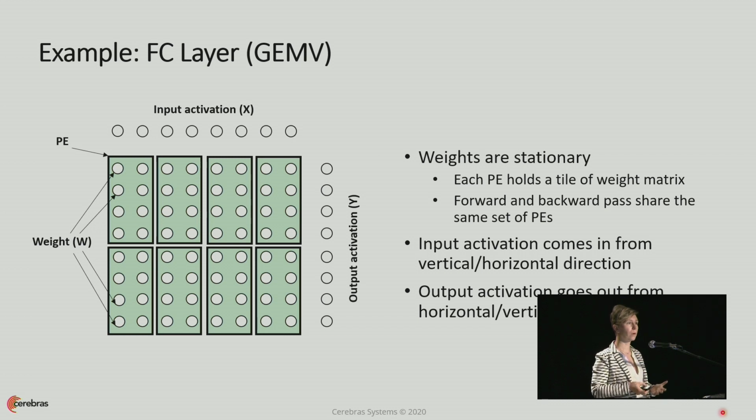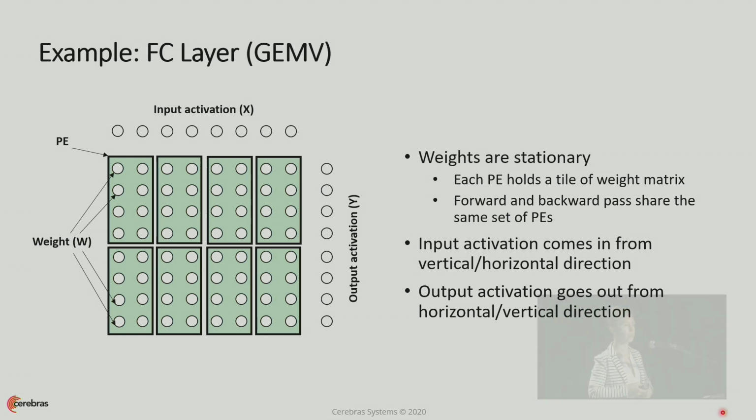So let me walk through an example of one simple layer, which is a fully connected layer, which is essentially matrix vector multiplication. We always keep the weights of the model stationary on the chip. We distribute that across multiple processing elements, so each PE gets a tile of the weight matrix. On this picture, every green rectangle represents one processing element.